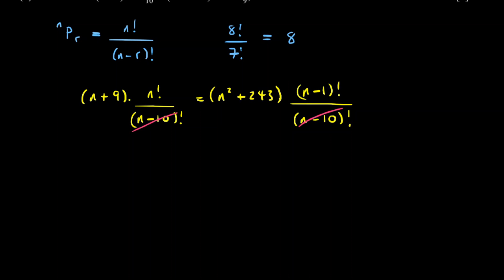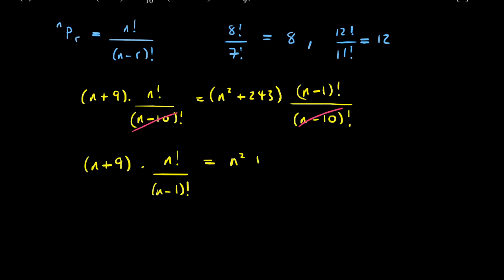Right, so 8 factorial over 7 factorial is 8. In the same way, 12 factorial over 11 factorial is 12. And so n factorial over n minus 1 factorial is going to be n. Okay, so what I'm going to do is write this as n plus 9 times n factorial over n minus 1 factorial is equal to n squared plus 243.